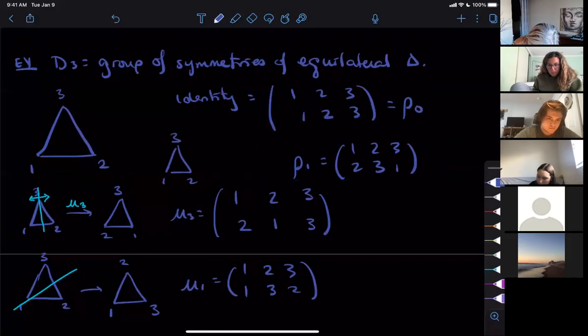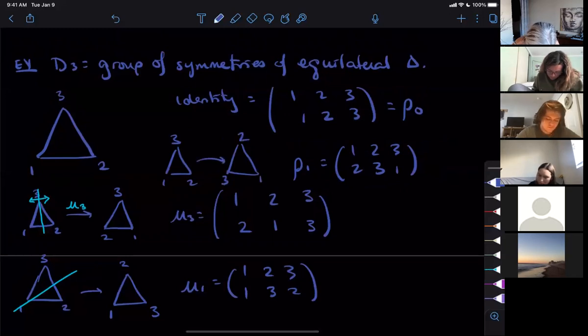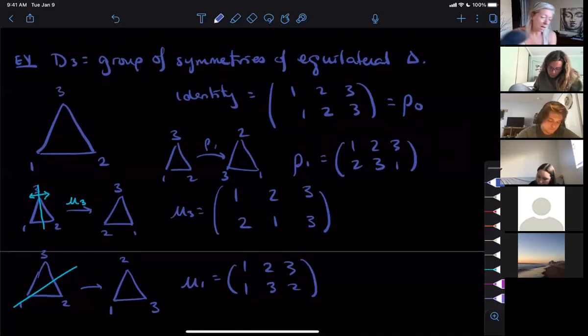So one goes to two. Hold on, which way do I want to do this? So one moves to spot two, 2, 3. Okay, so actually, it turns out that the group of symmetries of an equilateral triangle is the same as S3.